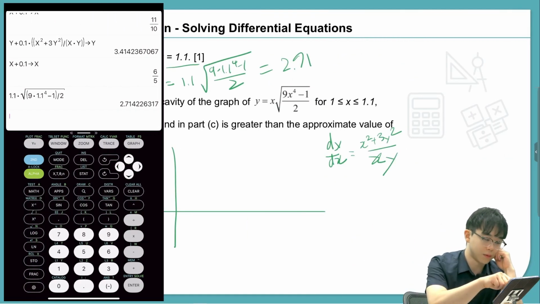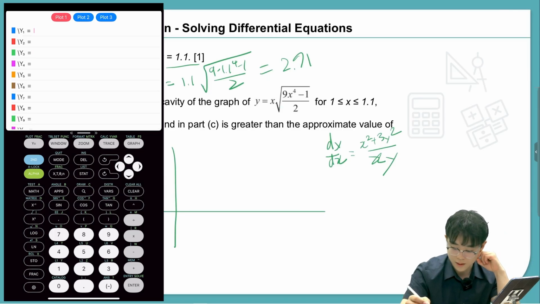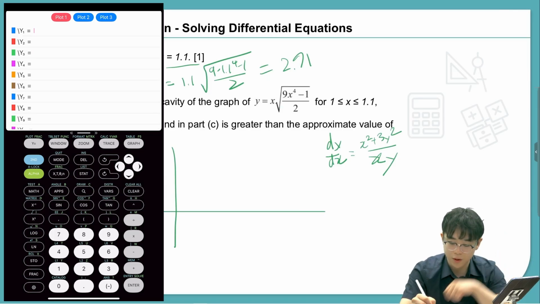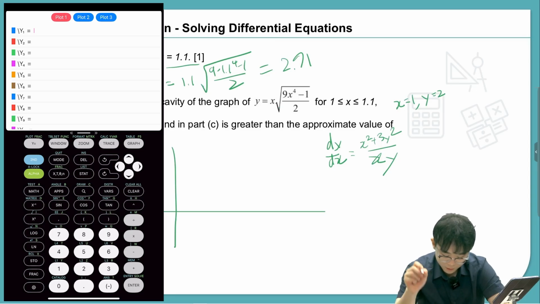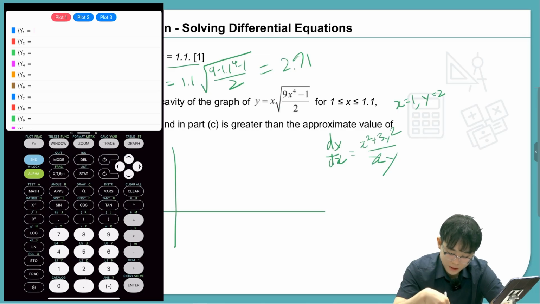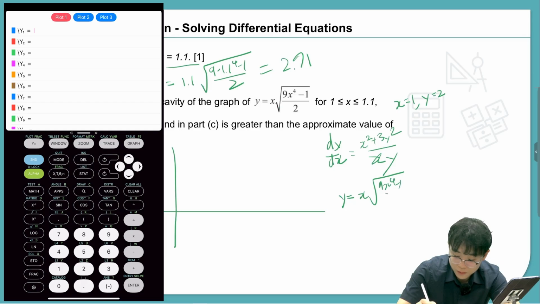So if you were to just do, okay, so what we could do is, actually we can just substitute in x is 1 and y is 2. Okay, so for this value of x that's between here, what's gonna be true is that, actually you can just look at y is x. So we would start from like y is x square root of 9x to the power 4 minus 1 over 2.